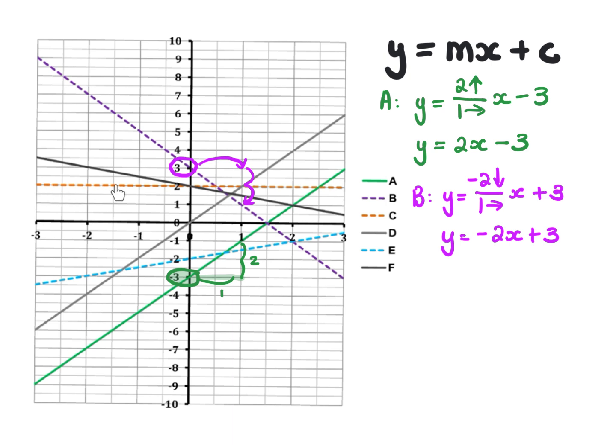Hopefully you still remember what a horizontal line is. That has a 0 gradient and it only has a y value, which means that C is y equals 2.